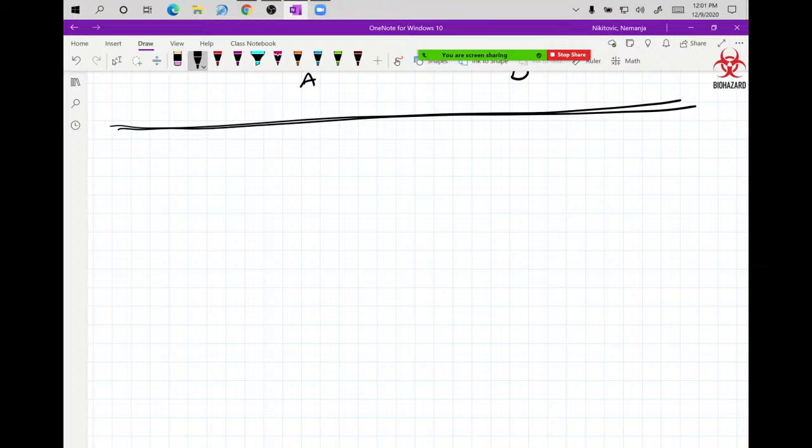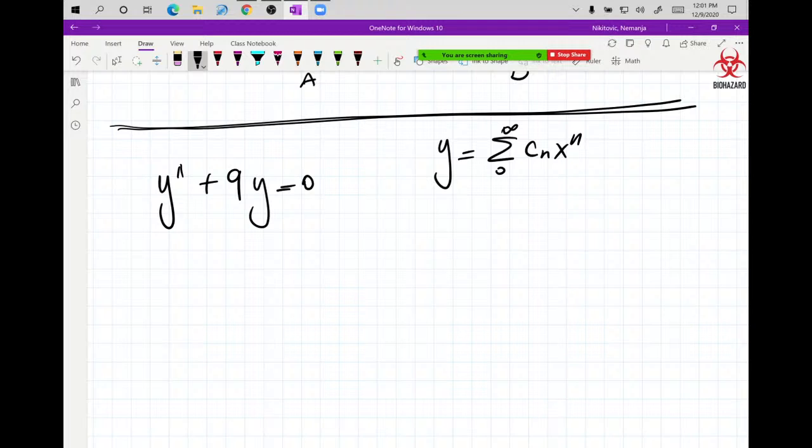And don't you love it when your most basic example is like 2 pages already? So how about y double prime plus 9y equal to 0? So this is the problem we actually did last class. I said, right, we start by assuming the summation of Cn x to the n.